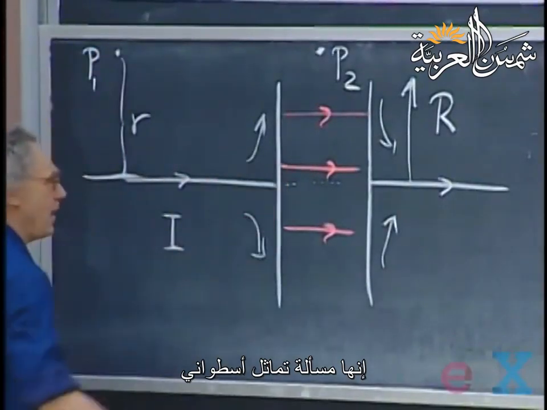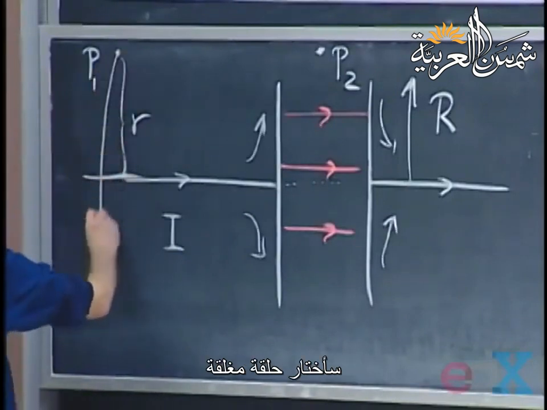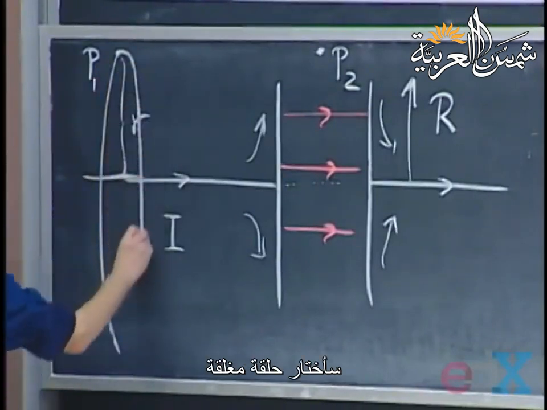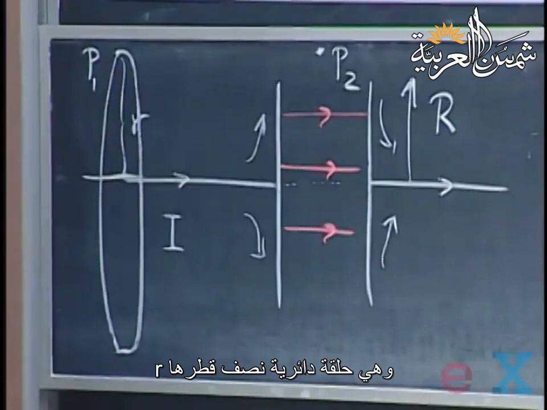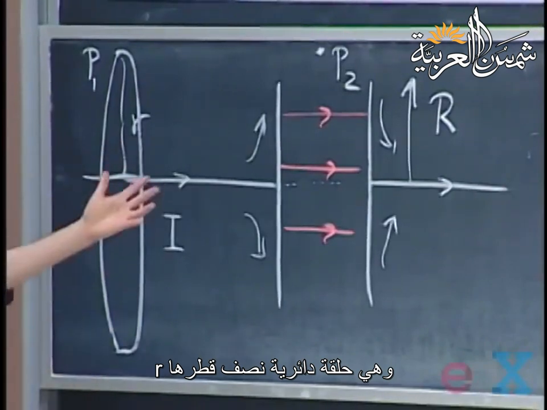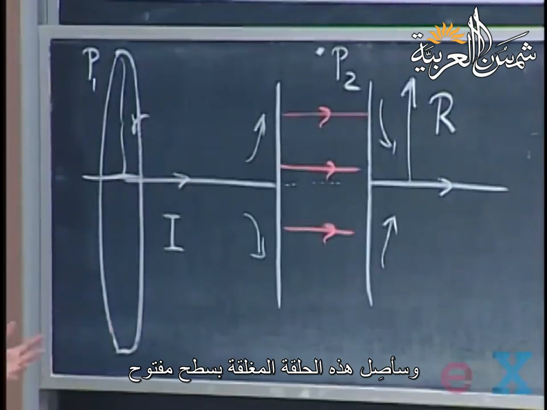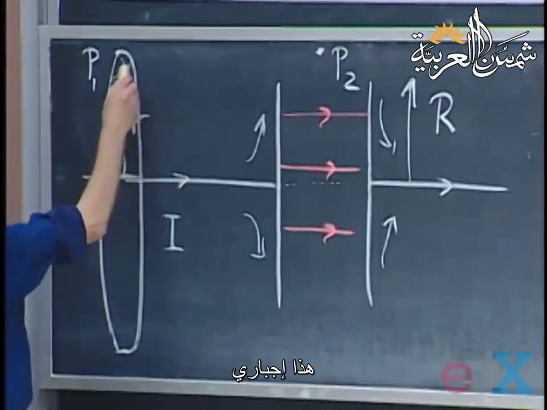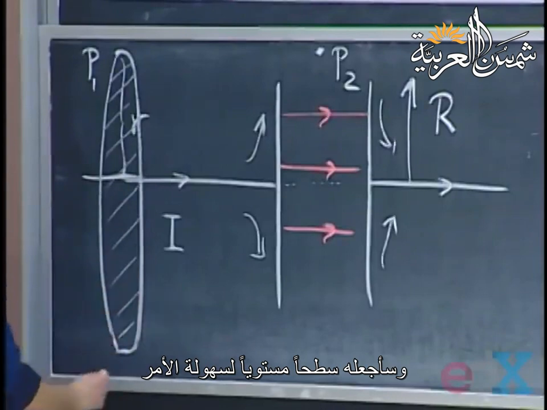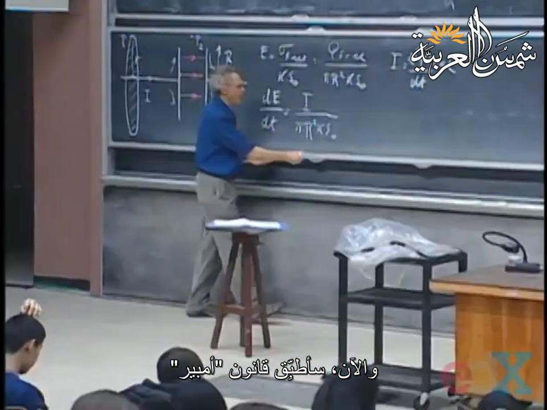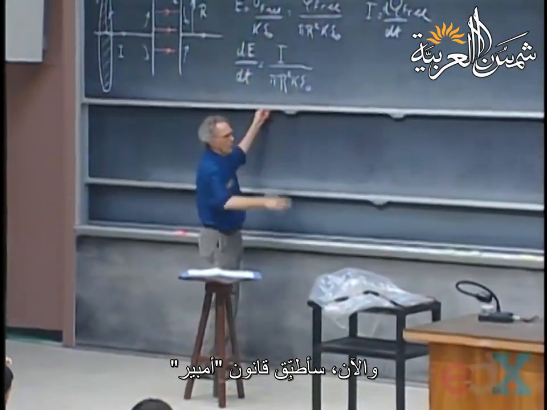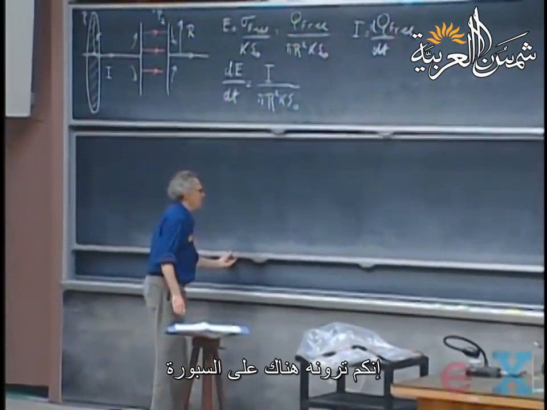This is a cylindrical symmetric problem, so I choose a closed loop, which of course itself is a circle with radius r, and I attach to this closed loop an open surface, that's mandatory, and I give myself an easy time, I make it a flat surface. So now I apply Ampere's law. You see it there on the blackboard.